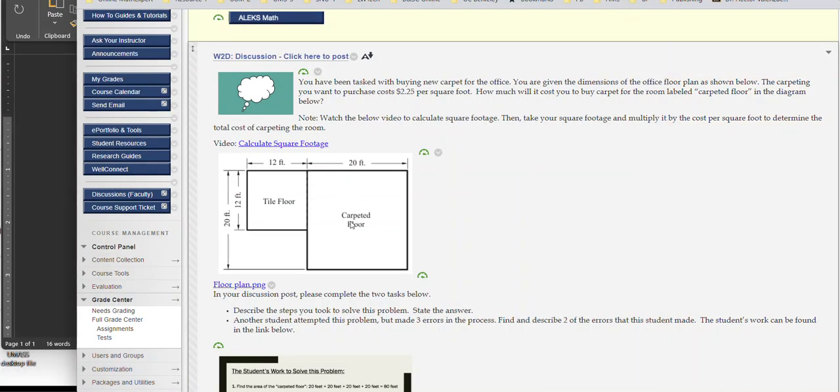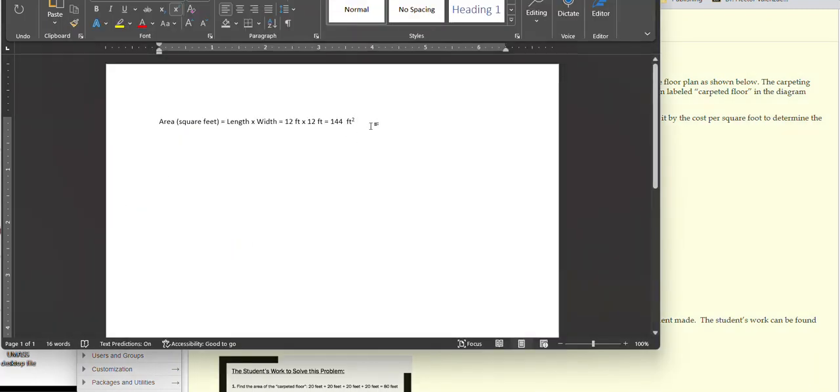And then this one is 20 feet by 20 feet. So to get that one, you would do area in square feet is equal to length times the width. And that's equal to 20 feet times 20 feet, which is equal to 20 times 20 is 400. That's 400 feet squared.